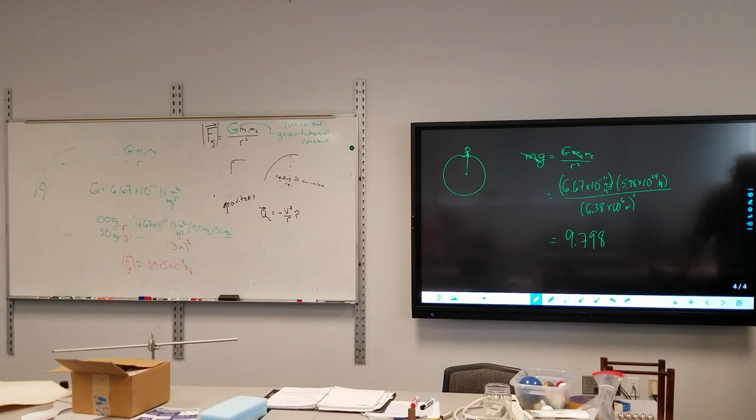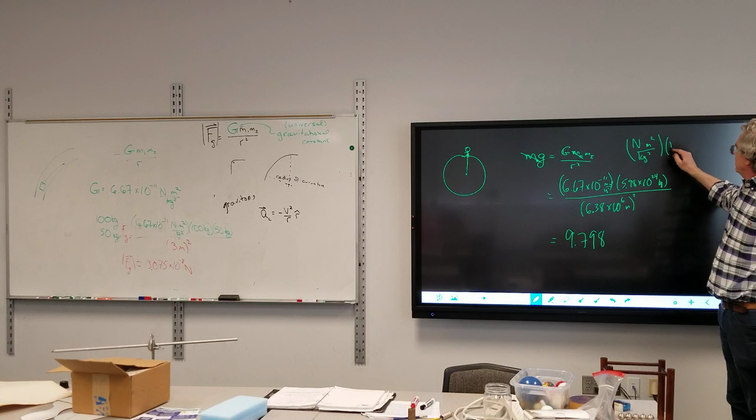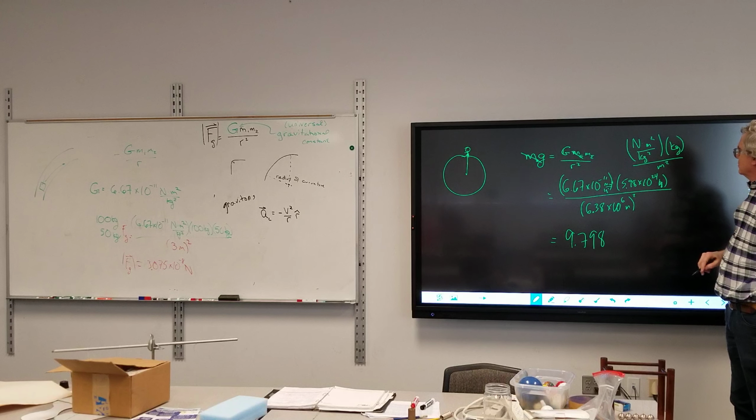There's 2 meters on top and 2 meters on the bottom, so those go away. There's 3 kilograms on top and no kilograms on the bottom, right? That's a Newton meter squared per kilogram squared times a kilogram divided by meter squared. So the meters go away.